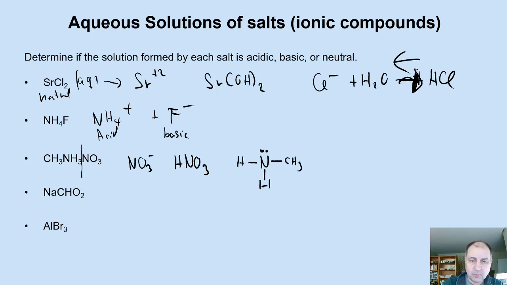So this is methylamine. It has a lone pair. It can act as a Lewis base and react with water to make this ammonium salt, very similar to NH4. And so this would be an acidic solution, and because the nitrate doesn't act.